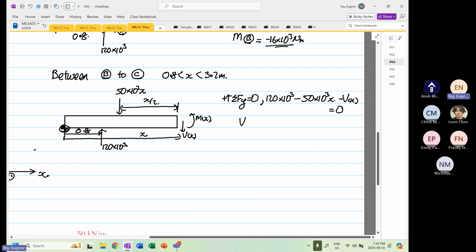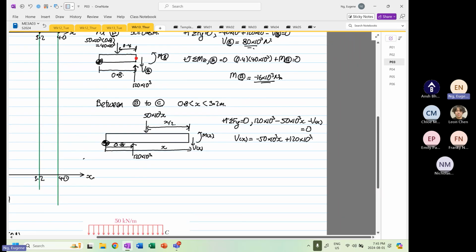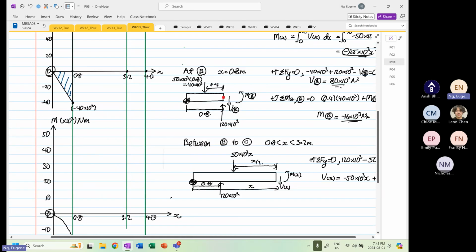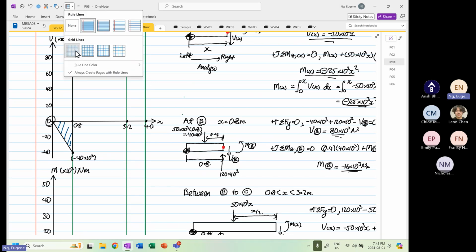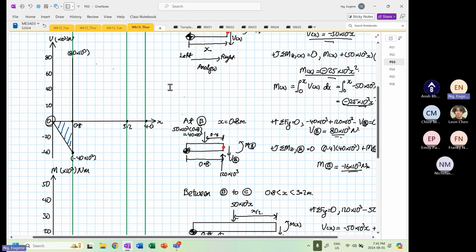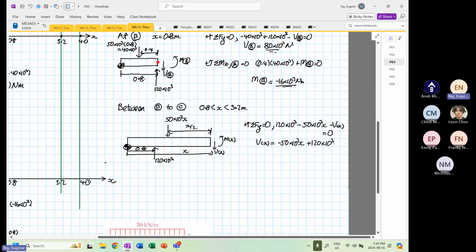So V as a function of x is equal to minus 50 times 10 to the power 3 x plus 120 times 10 to the power 3. Now we come to our shear force diagram, and this will be going down with a negative slope.